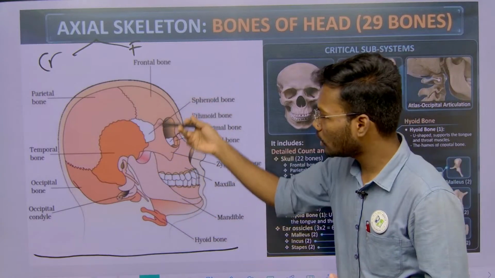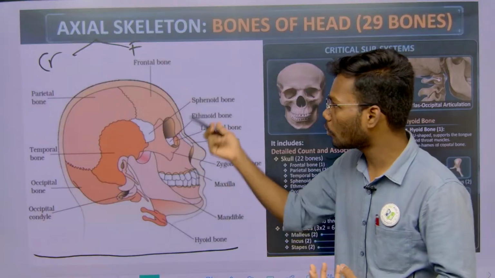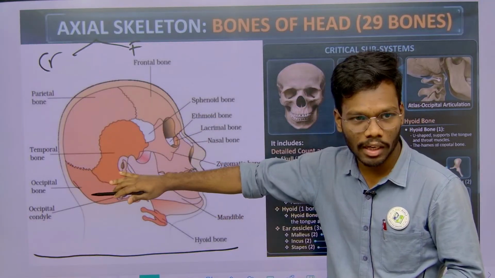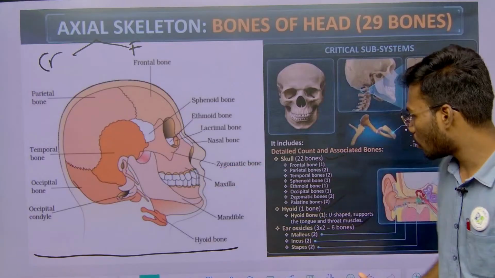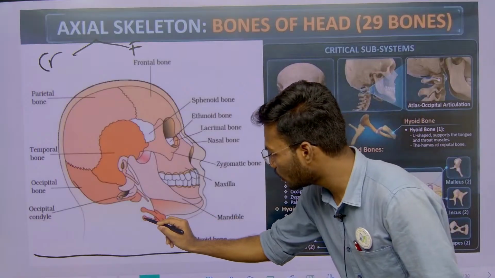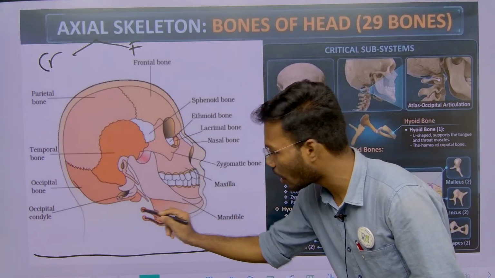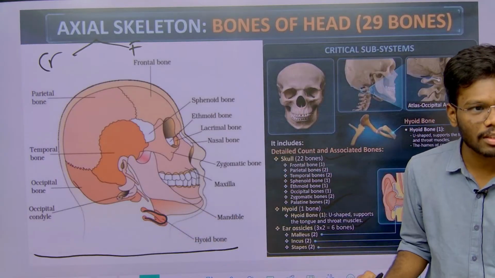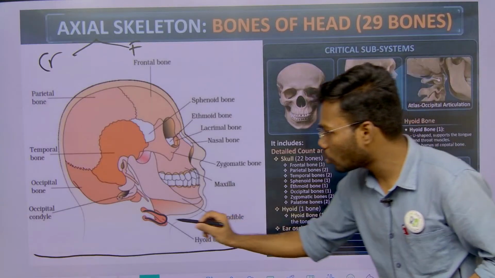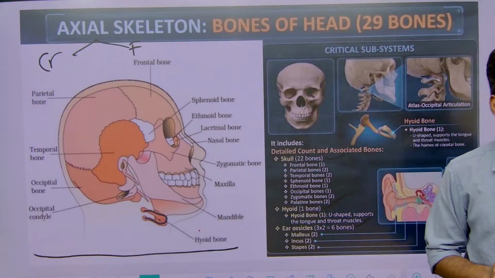Along with these cranial bones and these facial bones, this side all facial bones and these are all cranial bones, we have another bone which is called hyoid bone, right? If you see this, this is called the hyoid bone, which is present beneath the jaw, supporting the jaw and tongue. It is what? A U-shaped bone.